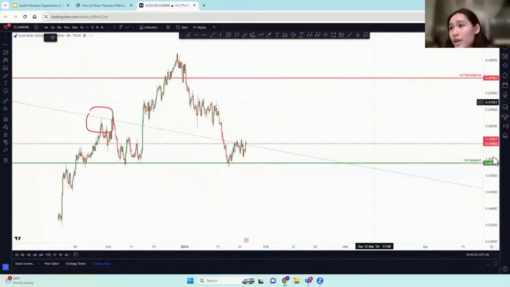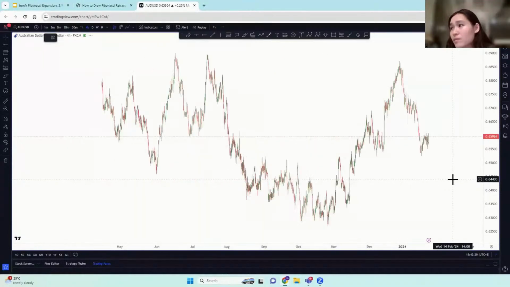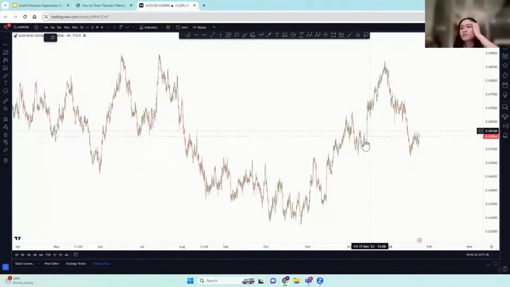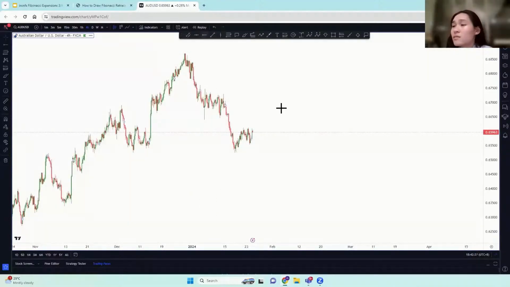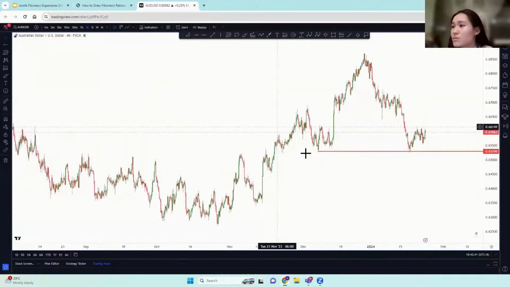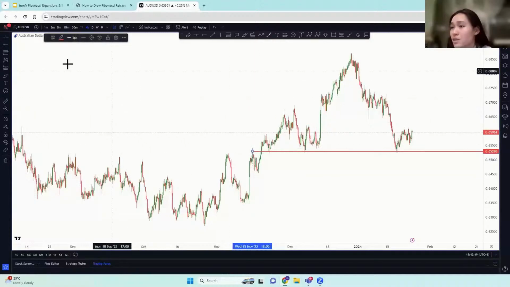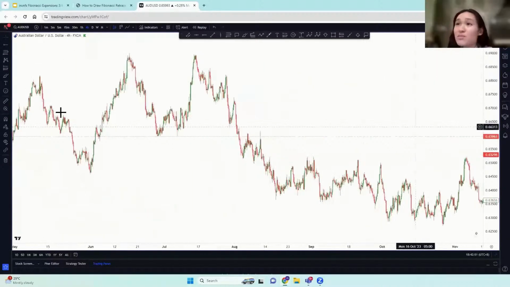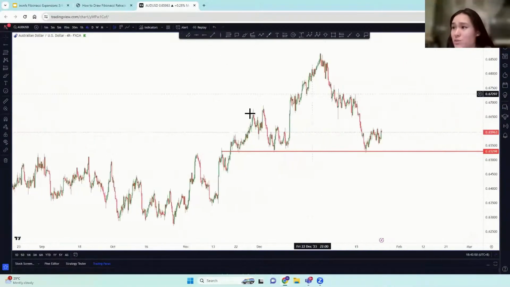Now let's look at our 4-hour time frame. You can see it looks significantly more like there's no real trend. It's ranging here. That's why it's important to look at the higher time frames first and then zoom down to your lower time frames.